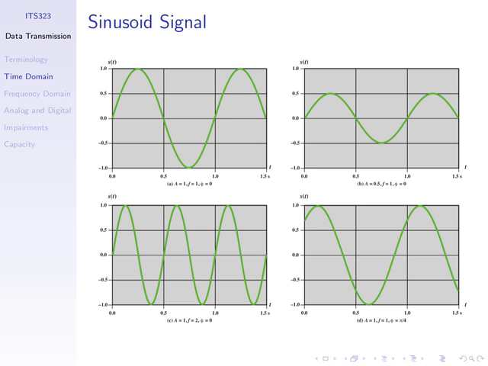The second signal here shows the impact of varying the amplitude. Let's call the second signal S2 of t. It has the same values: frequency is 1, phase is 0, but the amplitude is a half.